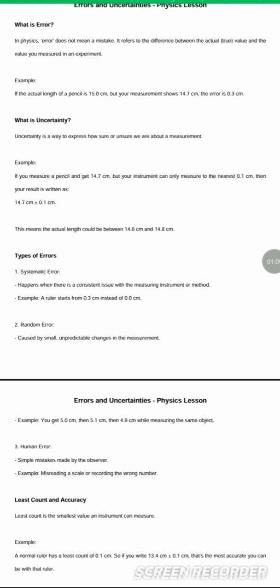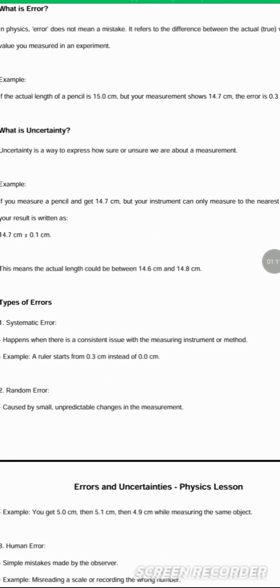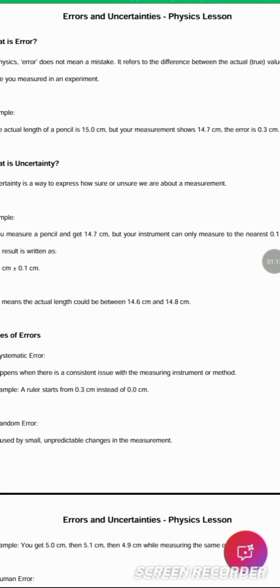For example, let's say the length of a pencil is really 15.0 centimeter, but when you measure it, you write 14.7 centimeter. That 0.3 difference is the error. Not because you did something wrong, but because no measurement is ever 100% perfect.